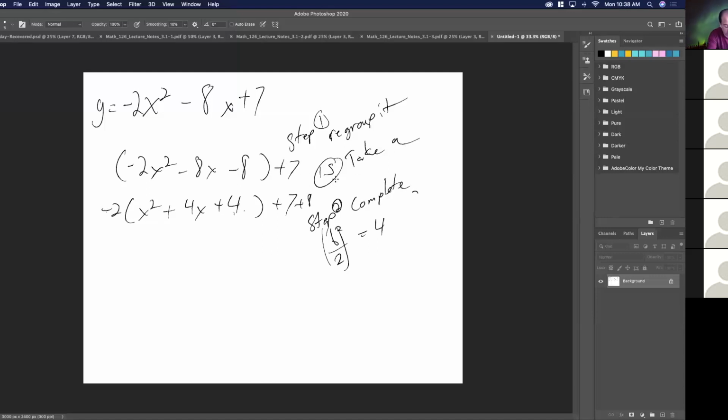Or a better way of seeing it is if I add 4 times negative 2, I'm going to take away 4 times negative 2, which is still the same as adding 8. This becomes always what half of b is. So half of b would be x plus 2 in this case, squared. The negative 2 stands there. And then here I'll have 7 plus 8, which is 15. And so we've done that.